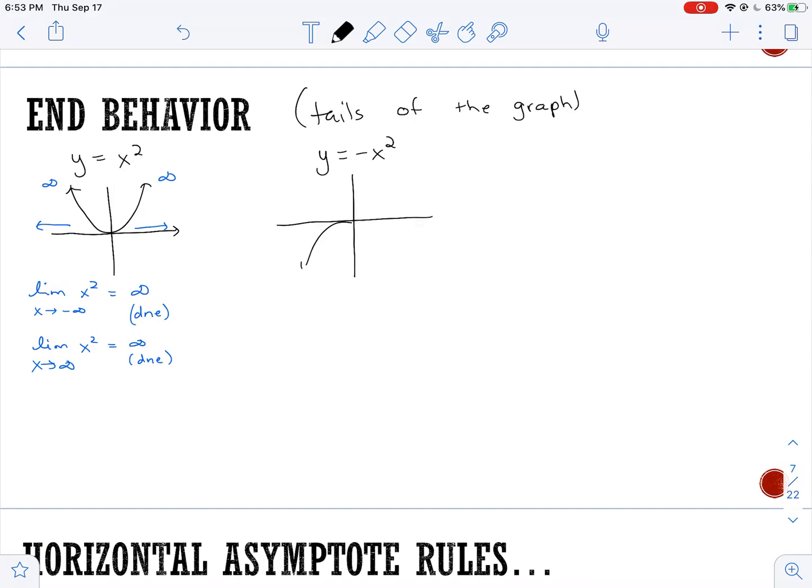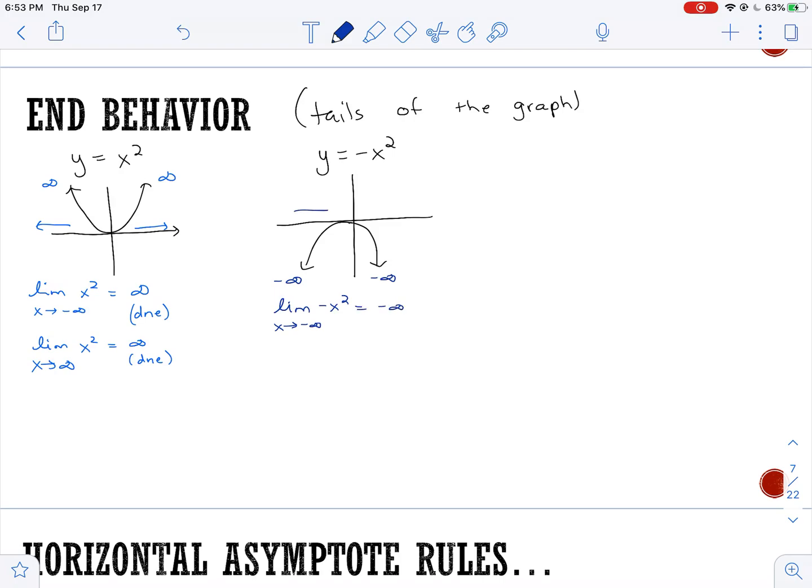Or we could say y equals negative x squared, and so this would be your sad-looking parabola. And so as x goes to negative infinity, the y values are also going to negative infinity, and as x goes to positive infinity, the y values are going to negative infinity.